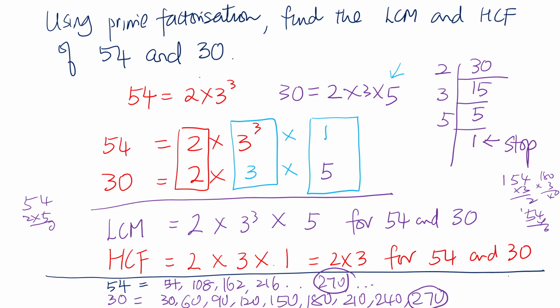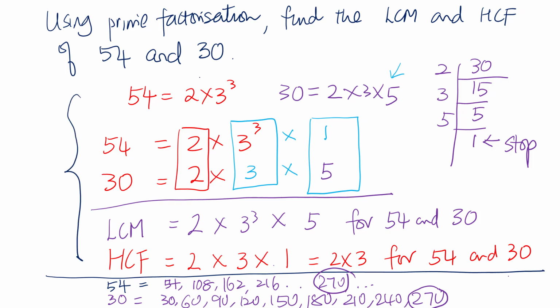So therefore, what I provided here is an easier way to find the LCM of 54 and 30 using prime factorization. Likewise, if you want to find the highest common factor for 54 and 30, you can list out all the factors for 54, factors for 30, and from there find the highest common factor for both numbers, which again is very tedious.